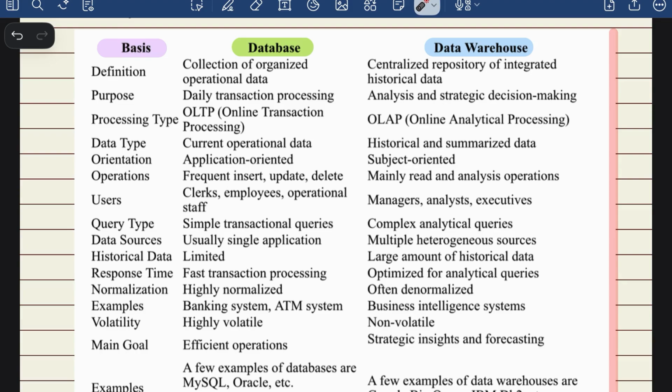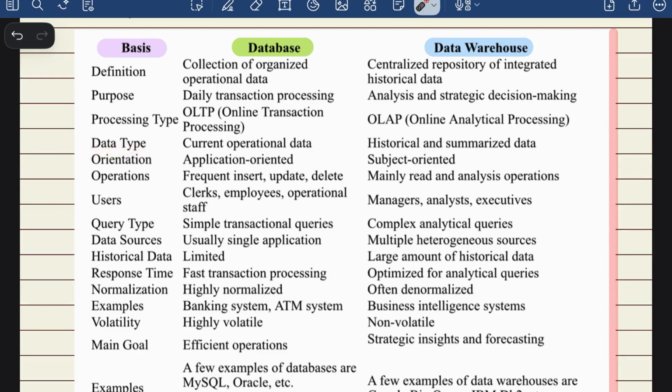These are the key points, guys. Please note down the key points. Processing type I already told, it is OLTP. Here there are day-to-day transactions, and data is updated day to day. That is online transaction processing, whereas a data warehouse is OLAP. OLAP stands for online analytical processing.